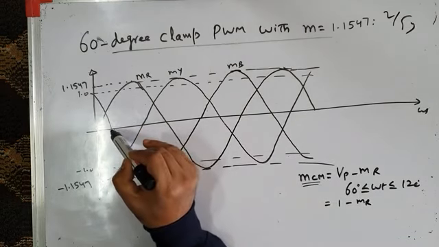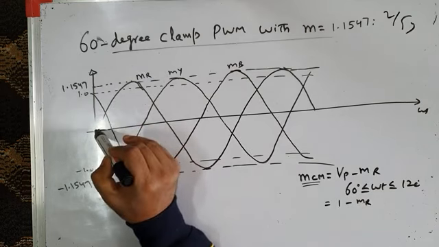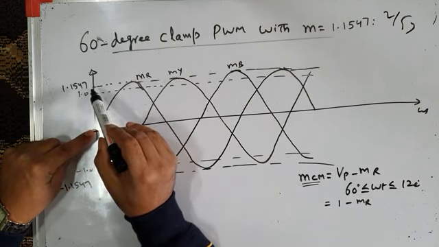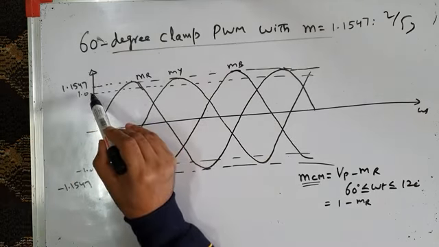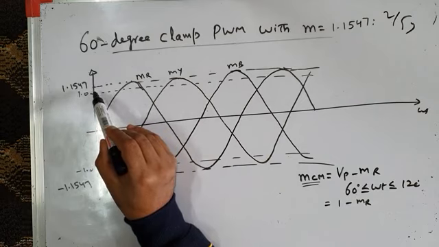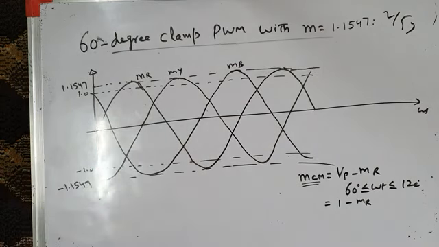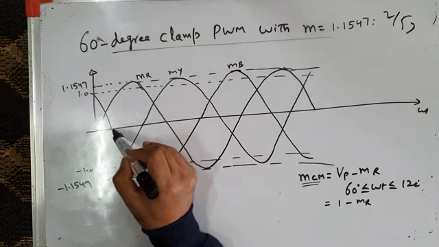Now for this 60 degree, you can see if I start from here, Vp is 1 minus Mr. Let me start from here.